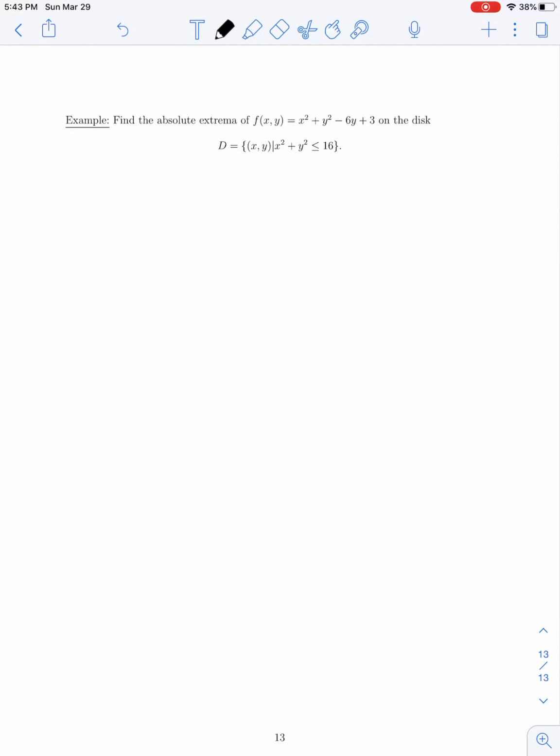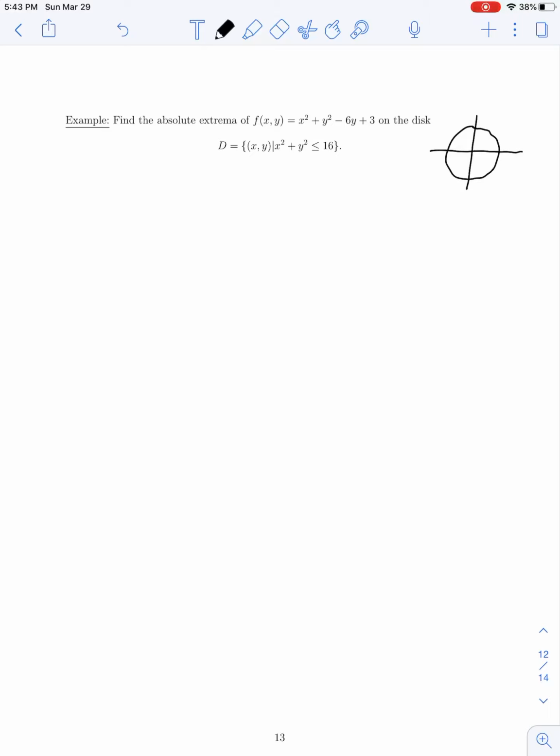So let's look at another one of these examples, looking for the absolute extrema of a function over some closed bounded interval. This next one, we are asked for the extreme values of x squared plus y squared minus 6y plus 3 on the disk D, consisting of all the points (x, y) such that x squared plus y squared is less than or equal to 16.